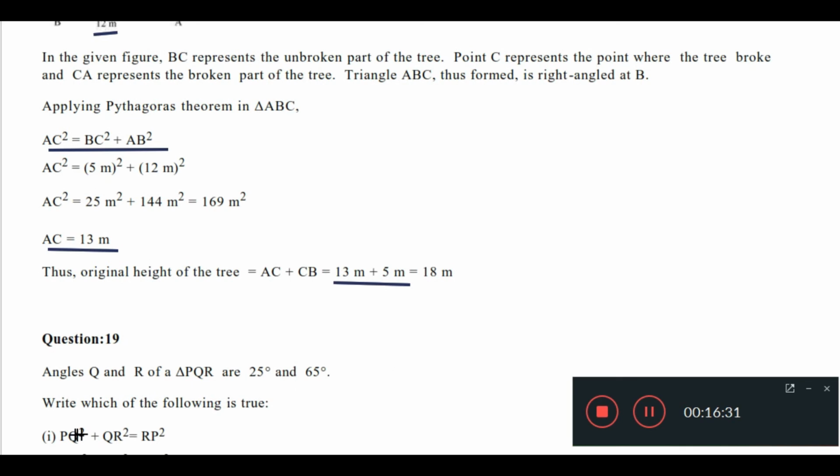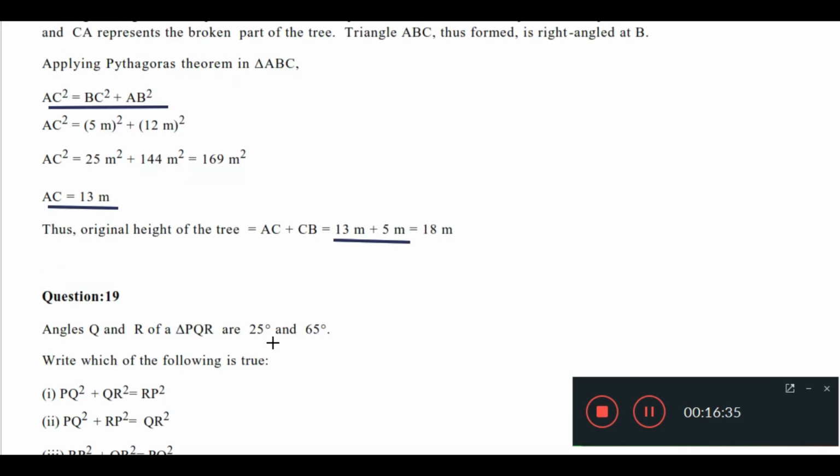Now the next question. Angles Q and R of a triangle PQR are 25 degree and 65 degree. Once again I repeat, angles Q and R of a triangle PQR are 25 degree and 65 degree. Write which of the following is true.